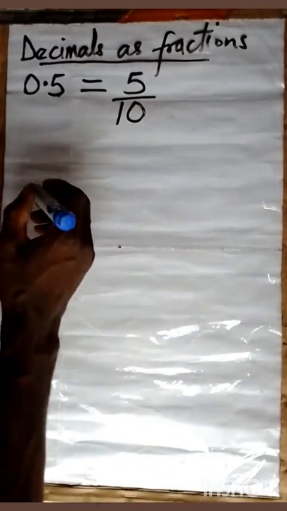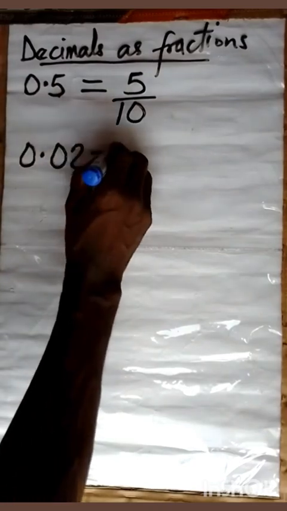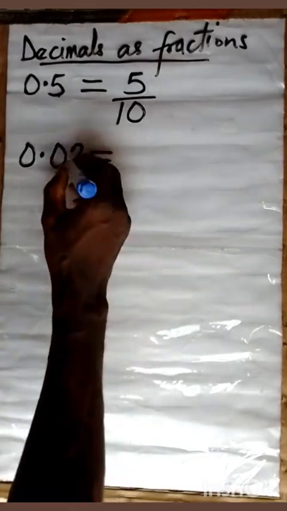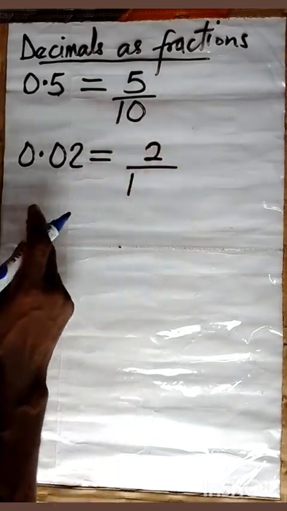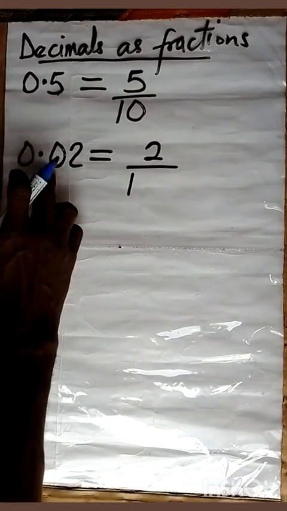Okay, now if I have something like 0.02, the number here is 002, and 002 is still 2. So we say 2 over 1, with the decimal point represented by 1. Then I count the number of digits after the decimal point: 1, 2.